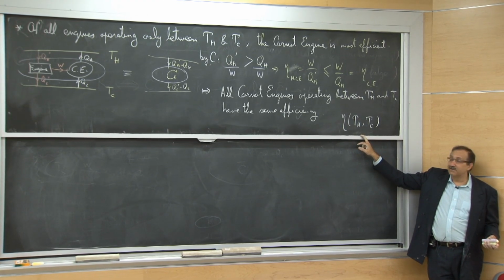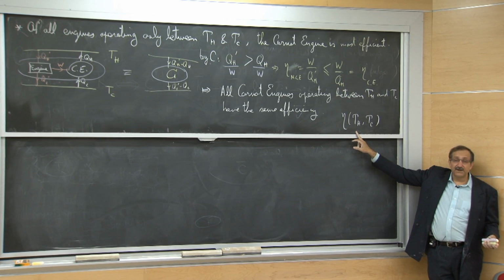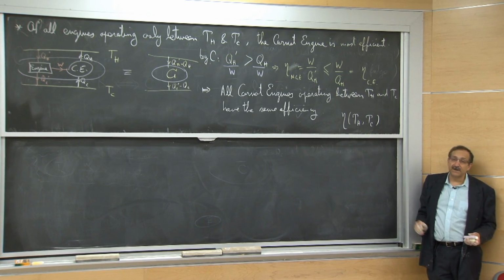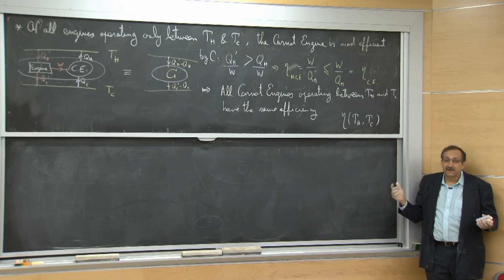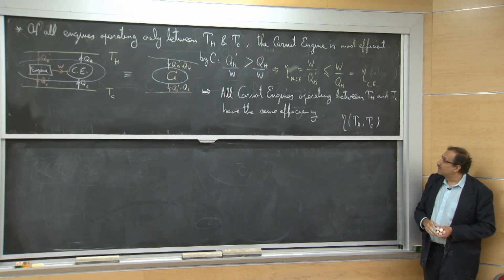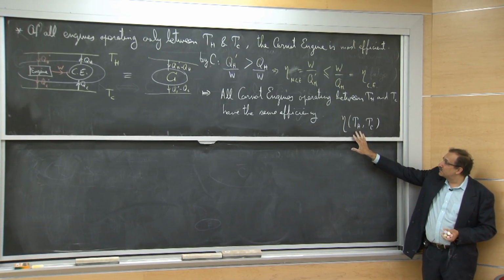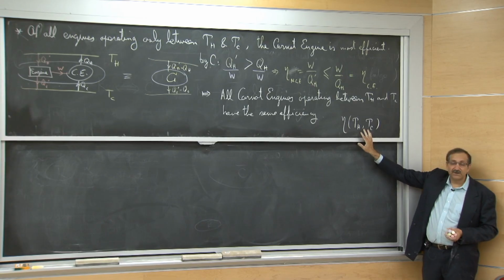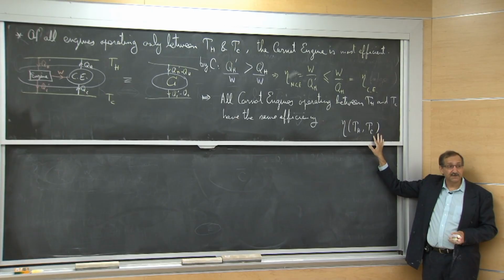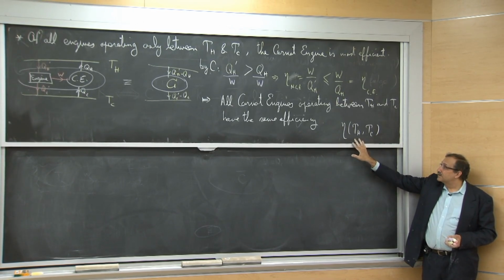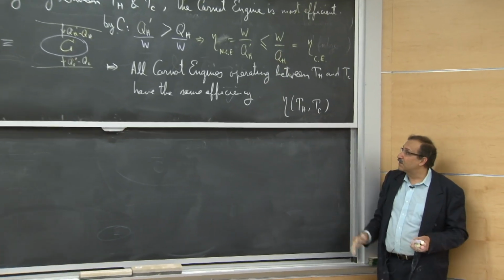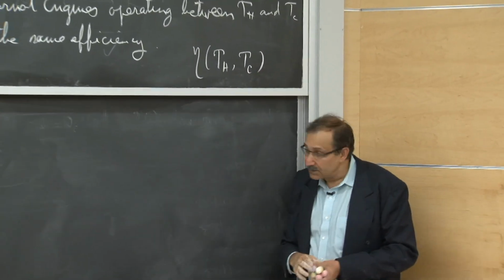I derive the temperature of the other one by the maximum efficiency of all engines that can operate between the reference temperature and the temperature that I wish to measure. It's T. But that means before doing that, I need to know at least something or some kind of a postulate about the structure of this function of two variables. And I cannot write any arbitrary function. It has to satisfy certain properties and symmetries.